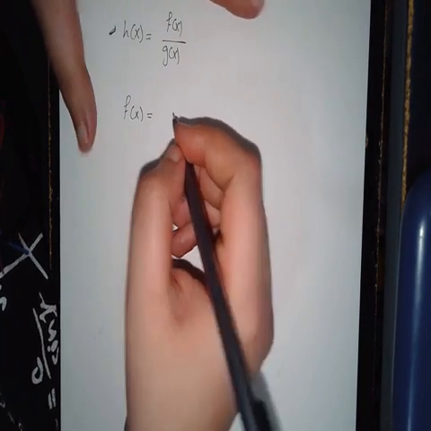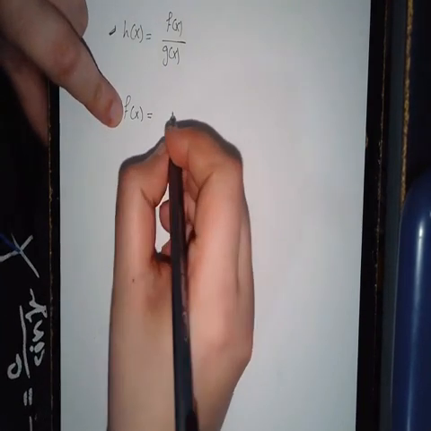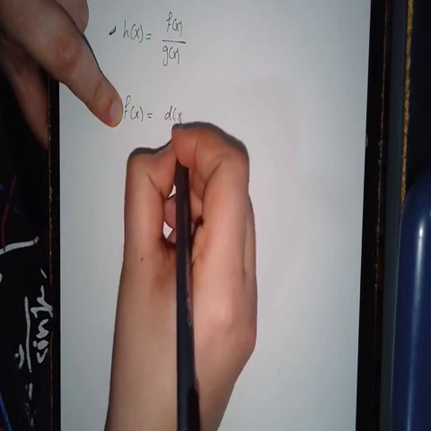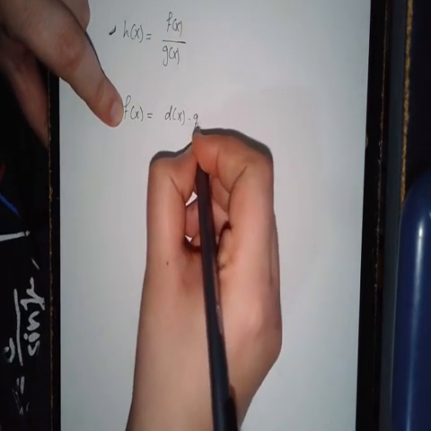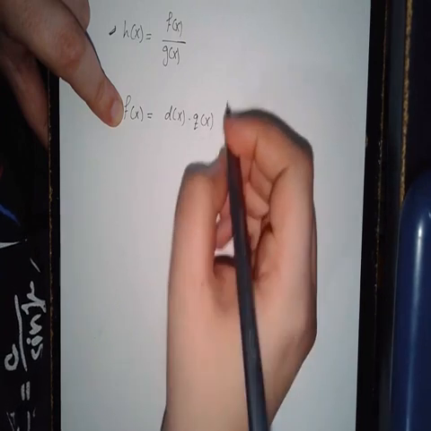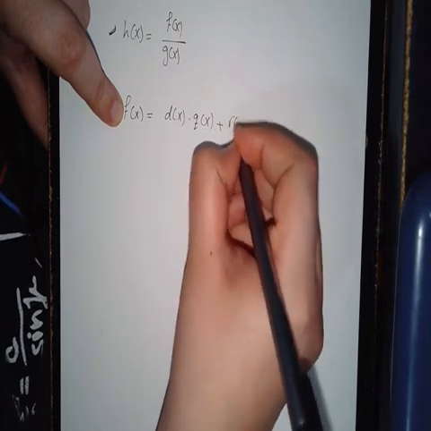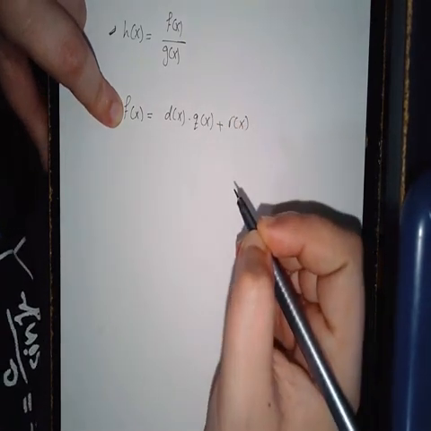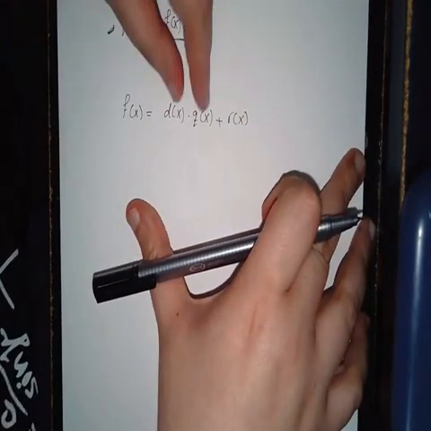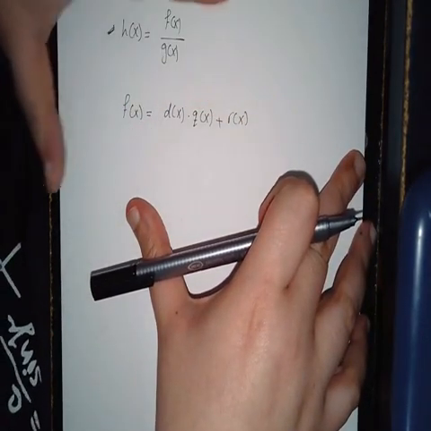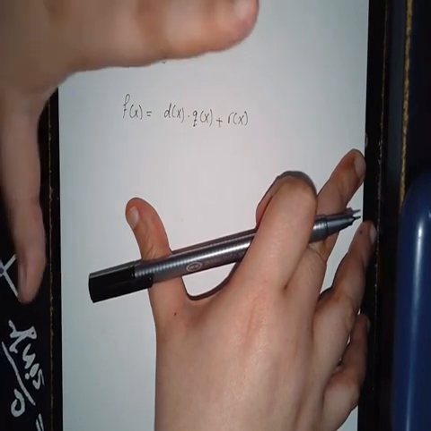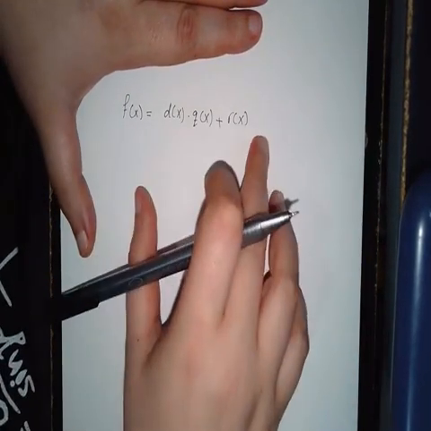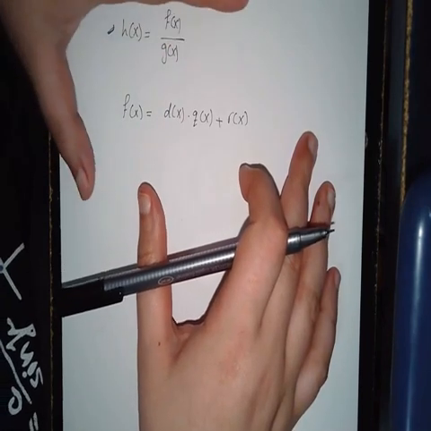So I'm basically saying that the function f of x is d of x, which is a function, multiplied by q of x, and then you add r of x to it. Yeah, so I'm basically saying you have two functions multiplied plus a number, and this is what my f of x is. Again, f of x is a polynomial. I'm just writing it in this form to point out a certain aspect of this section.